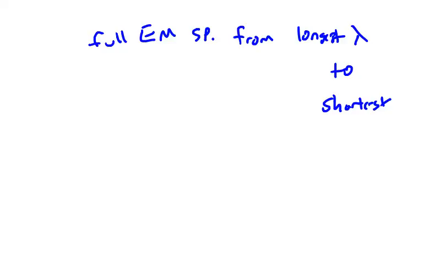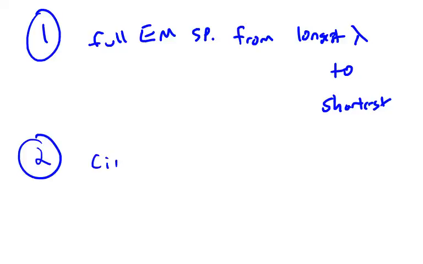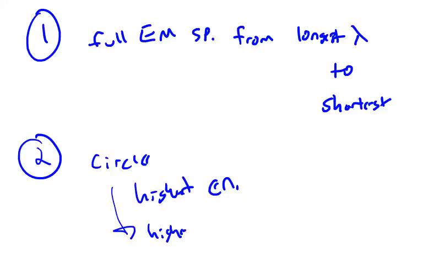So that's first, do that first. And then secondly, what I want you to do is circle the one that has the highest energy, and then circle the one that has the highest frequency. So yeah, go ahead and pause the clip and give this a try, and then when you're ready to check, you can hit play.